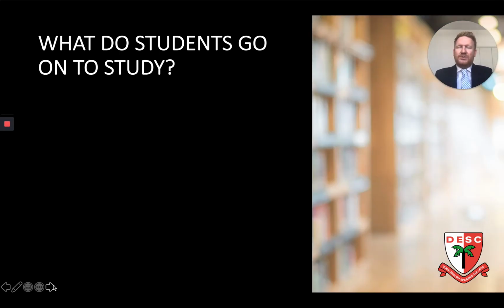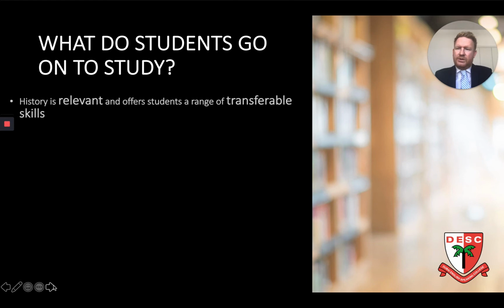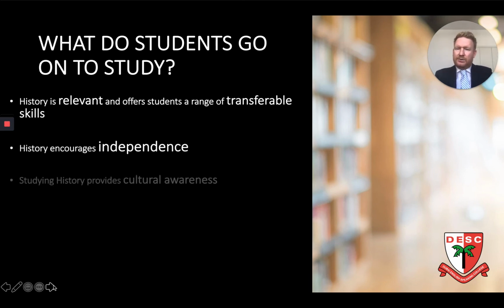Why do students go on to study history, and what do they study as part of their higher education studies? History is relevant to a lot of things. It offers students a range of transferable skills. It encourages independent thought. It actually allows for more cultural awareness in someone's life.